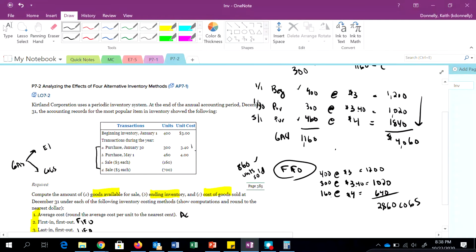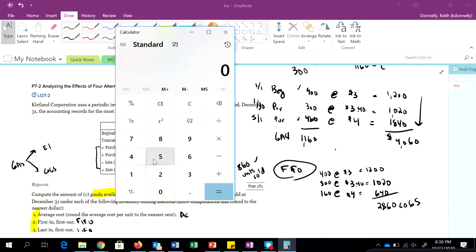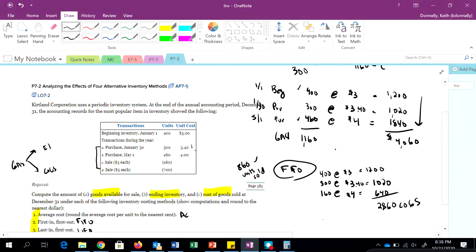So let me do a quick check on this here. 4060 minus 2860. So, like I said, you could calculate ending inventory by saying, hey, we started up here, worked our way down, what's left over?